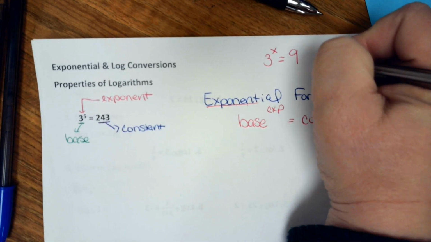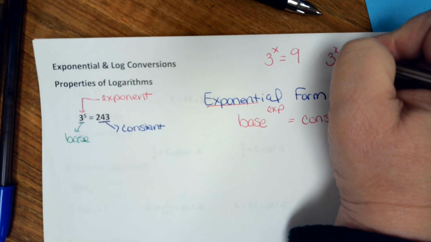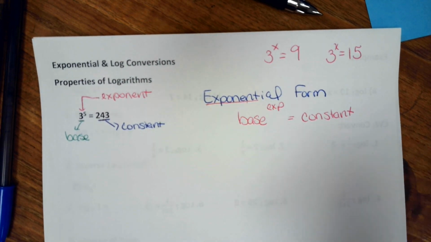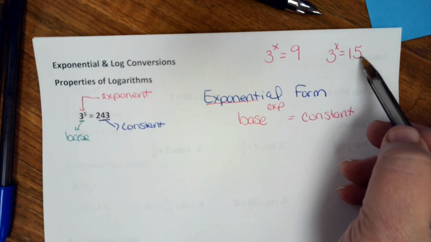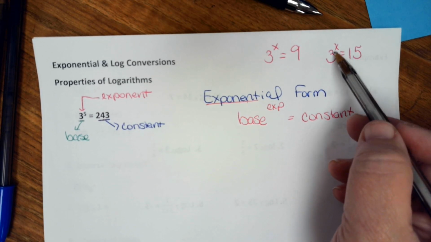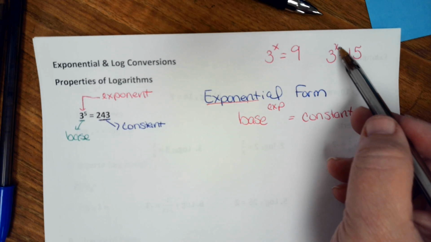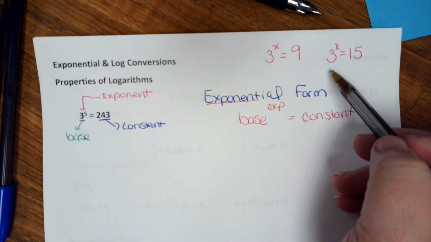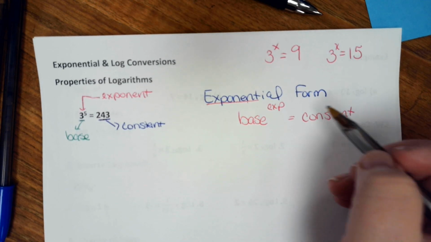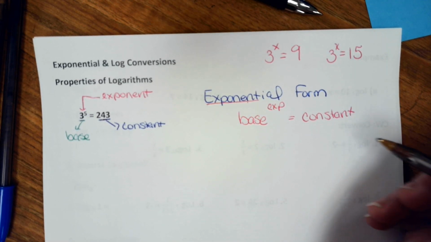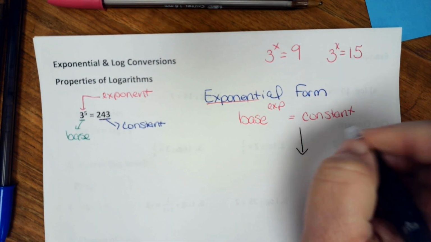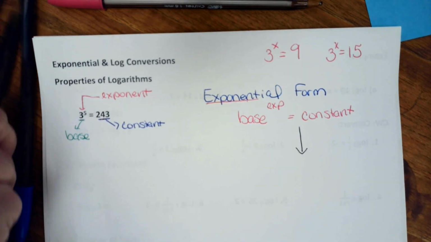But if I gave you something like 3 to the x equals 15, we cannot get a result of 15 by saying 3 raised to a whole number. 3 to the first is not 15, 3 squared is not 15, 3 to the third is not 15, and so forth and so on. So by converting this to logs, it allows us to use the algorithm behind the logs to find what that x should be. So we're going to convert this to a log.